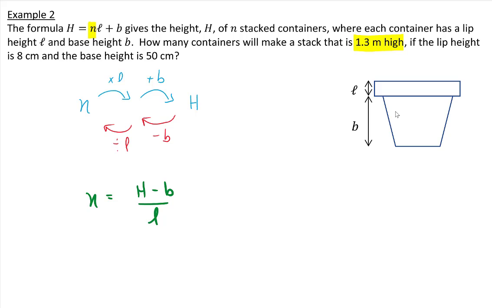That's the height of the stack, capital H. If the lip height is 8, that's L in our diagram, and a base height of 50, that would be B. So capital H is equal to 1.3 meters, lowercase l is equal to 8 centimeters, and B is equal to 50 centimeters.